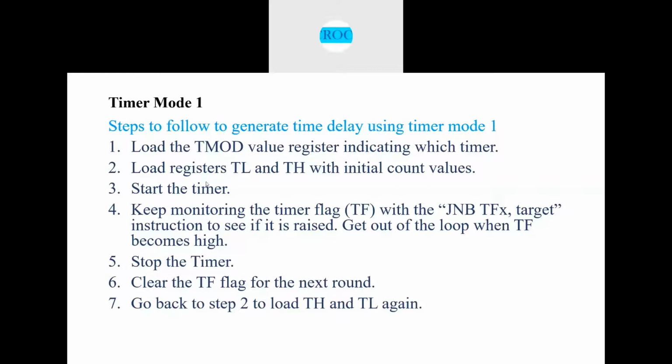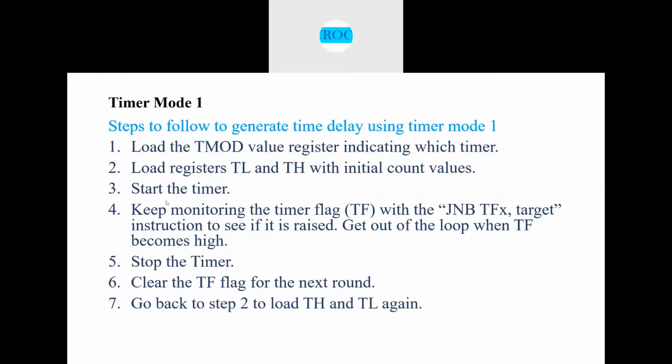Next, load registers TL and TH with initial count values. We know that by default we can have a value of 00, but you can have any initial count values. Since it is mode 1, you can start with any values, maybe 7FH, so that the maximum value we can have is FFH.